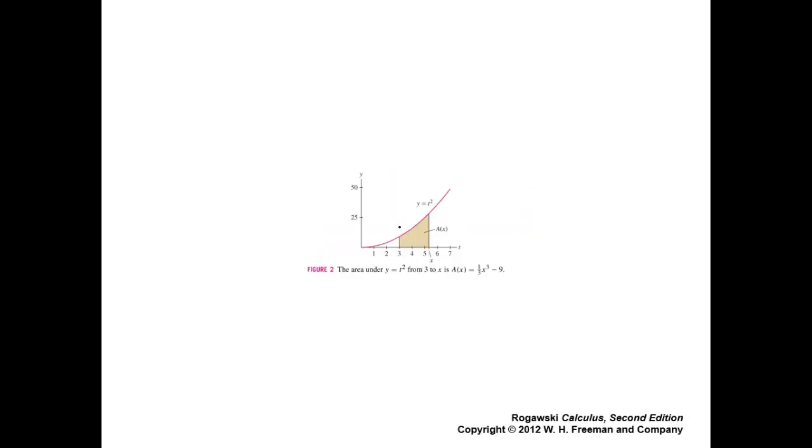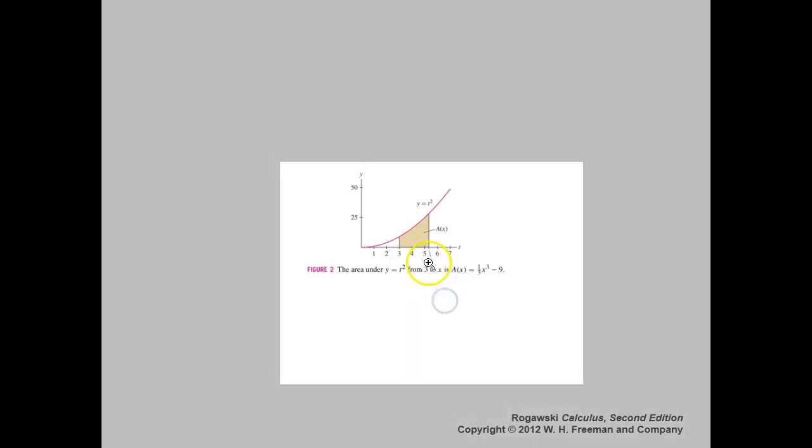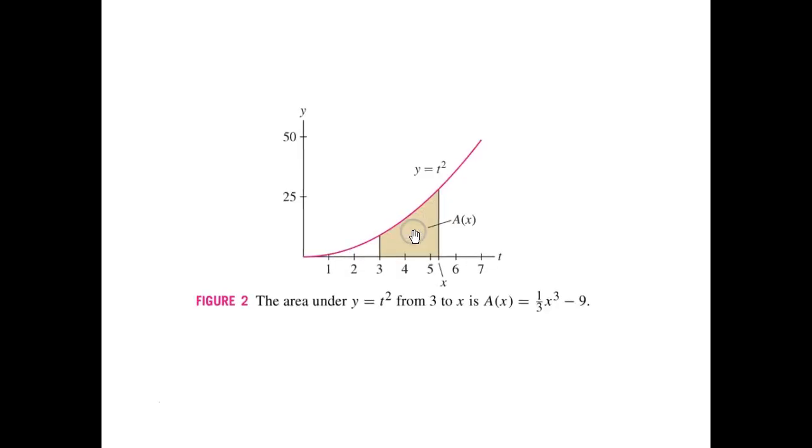Now, this is the first example we're not going to do, but let's just mentally think through it anyway. Here is the curve y equal to t squared. Okay, you can say f of t is equal to t squared, from 3 to x, where x is some value out here somewhere. Now, if you integrated this function, t squared dt, what's the antiderivative of this?